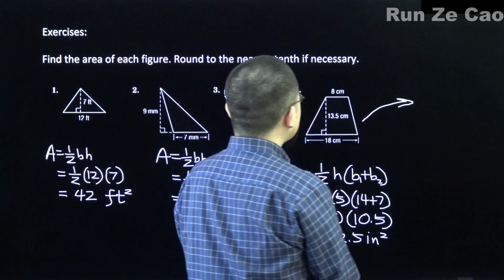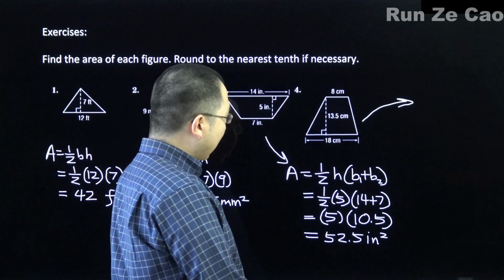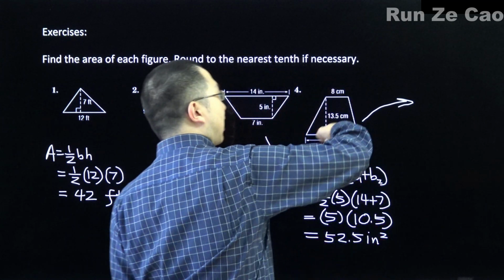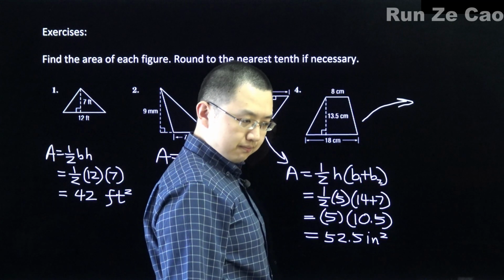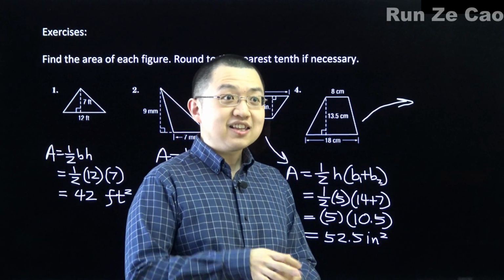Number 4. Area is, well, 1/2 height times the sum of the bases, or height times average of the bases. You'll notice that height times average of the bases is easier to say.